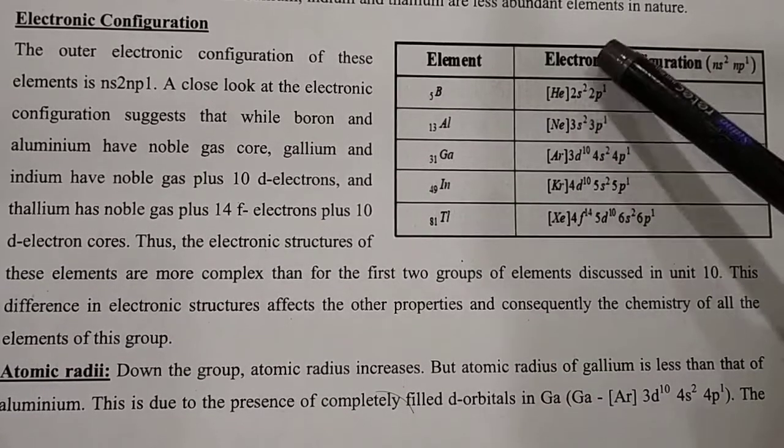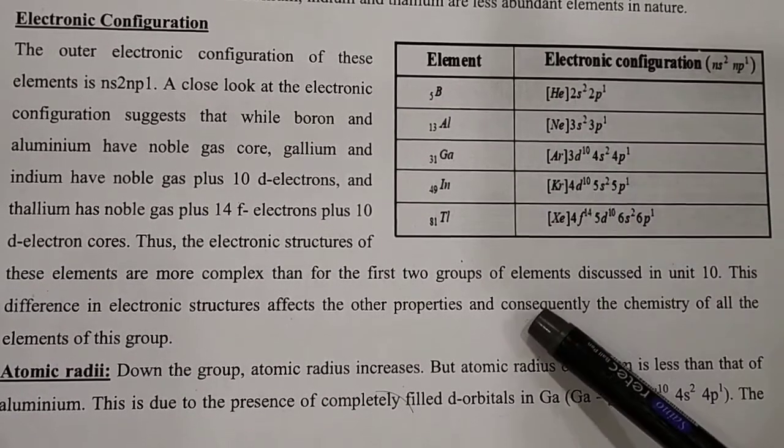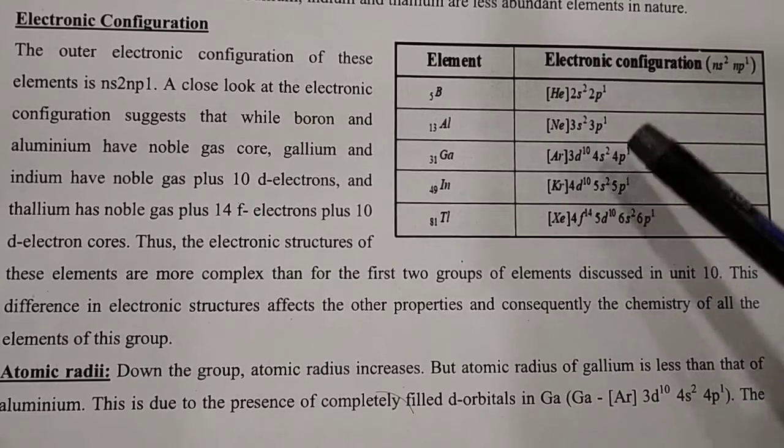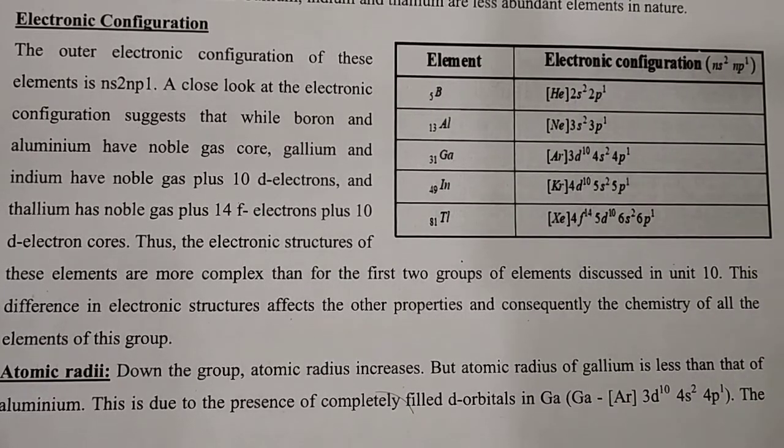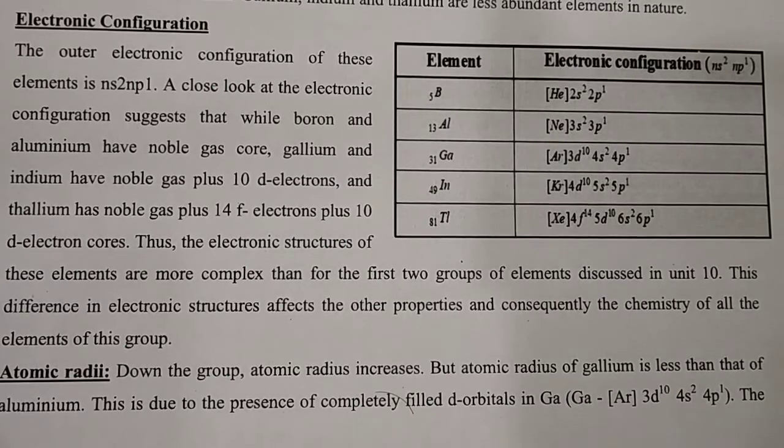Means यहाँ पे आप straight away नहीं बोल सकते हो कि down the group ऐसा होगा. कुछ चीज change होती जाएगी just because d10 and 4d10 is there. अब d10 होगा उसके बाद ns2 and np1 आएगा, तो obviously there is a little bit change in physical and chemical properties. तो हम physical और chemical properties पढ़ेंगे, उसके अंदर ये फिर से discuss करेंगे.